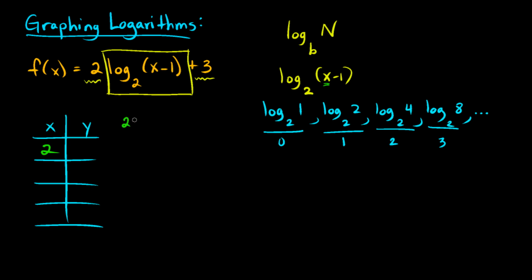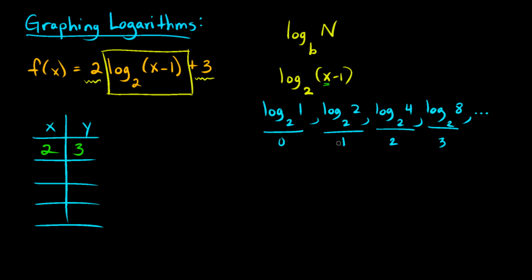Then I'm ending up with 2 log base 2 of 1 plus 3. Well, I know what log base 2 of 1 is. That's 0. So 2 times 0 plus 3. 2 times 0 is 0. 0 plus 3 is 3. So we have a really easy output. We have a point, 2, 3.